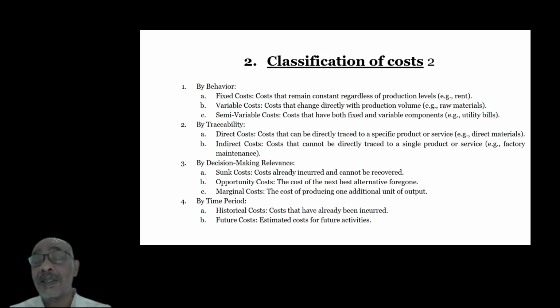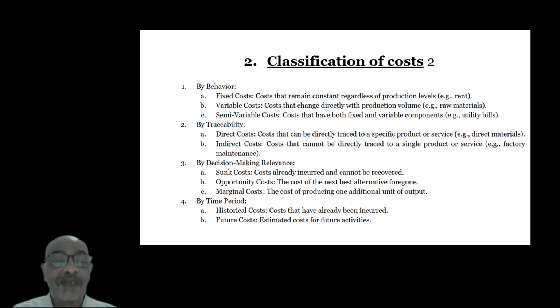So you cannot trace it to a single unit of the product. Another example is factory maintenance. This is factory maintenance. You cannot associate it or trace it to a specific unit of the production.